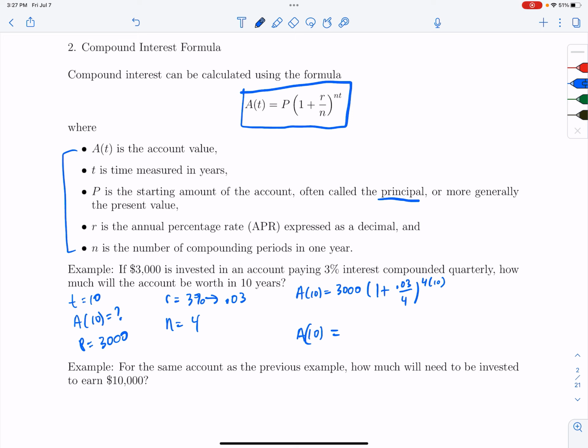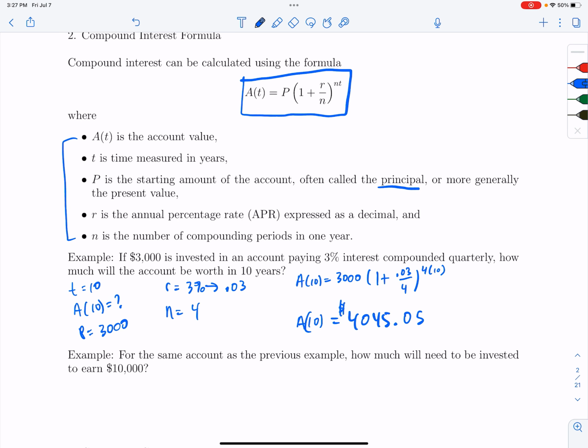It's often a good idea to use a bunch of parentheses and the order of operations. What I end up with is $4,045. And when we're talking about money, we usually use 2 decimal places, so $4,045.05.